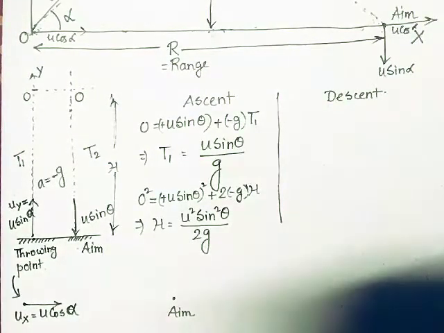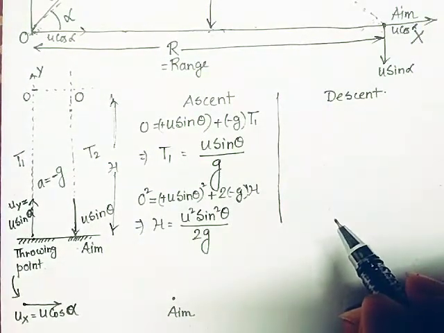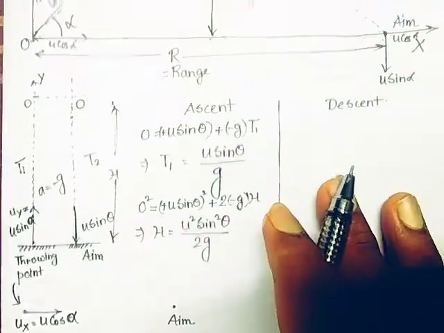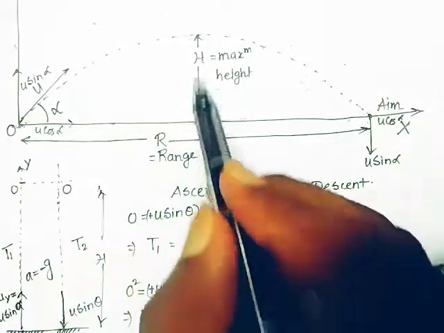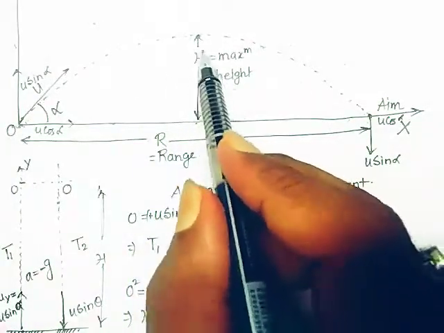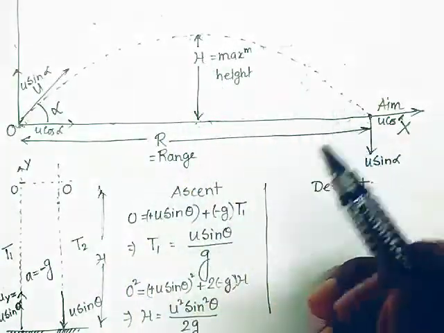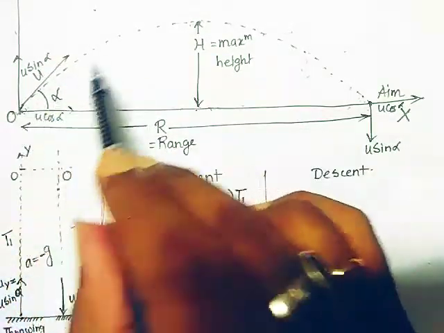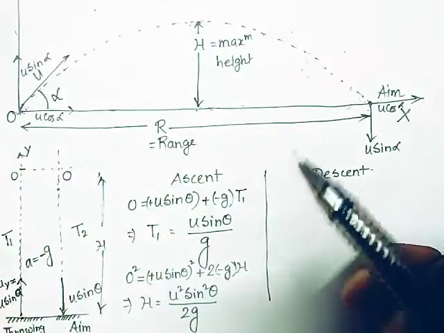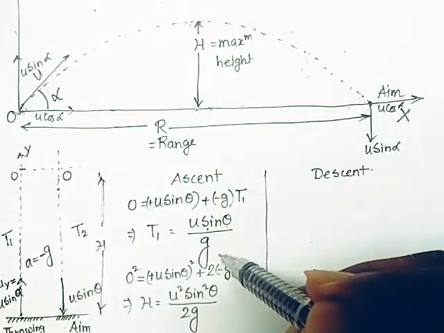This is the maximum height attained by the particle. So the maximum height is u square sine square theta divided by 2g, and the time of reaching the maximum height, t1, is u sine theta divided by g.